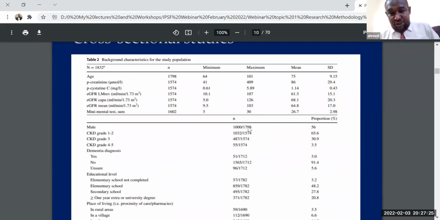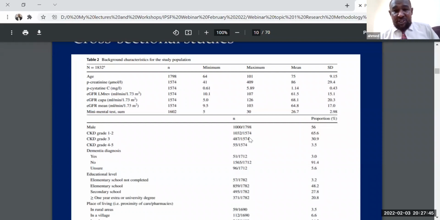Why do they show 1,798? Because some information is missing. The total number of observations is not the same everywhere.